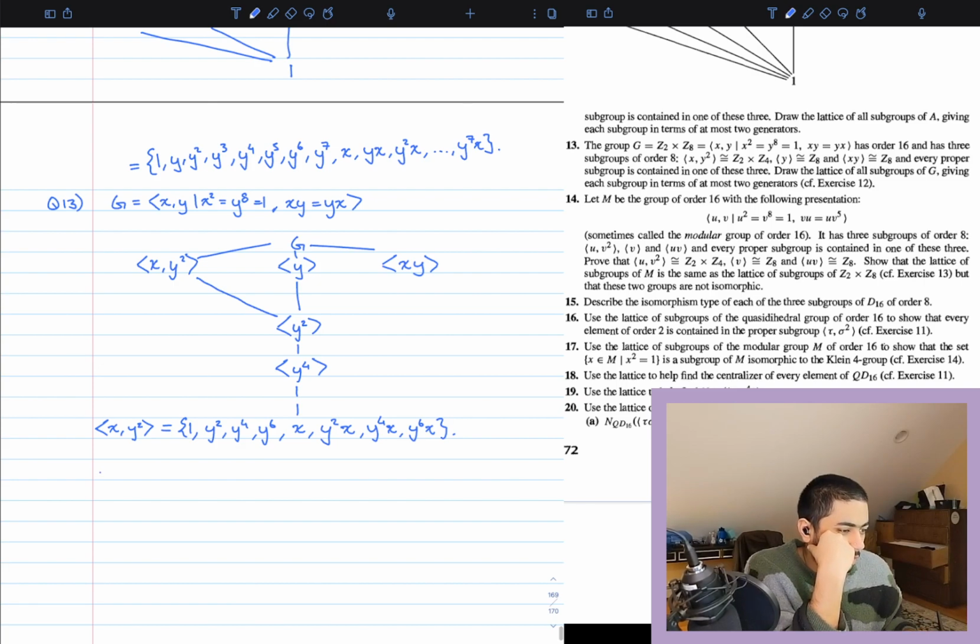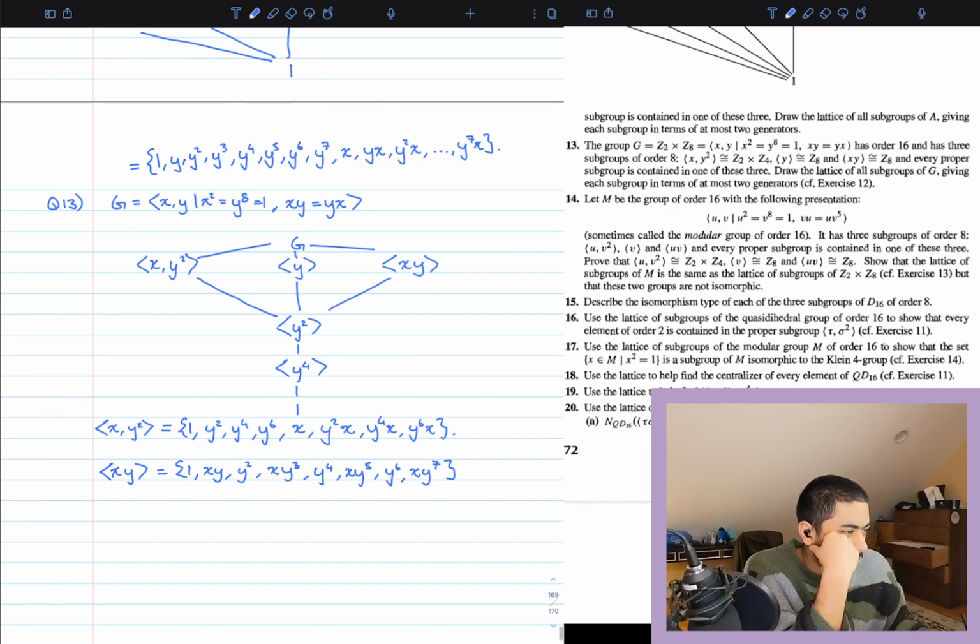So if we write out xy, this has got 1, then it's got xy, then y squared, then xy cubed, then y to the 4, xy to the 5th, y to the 6th, xy to the 7th, and I think that's it. 1, 2, 3, 4, 5, 6, 7, 8 elements, and it's cyclic.